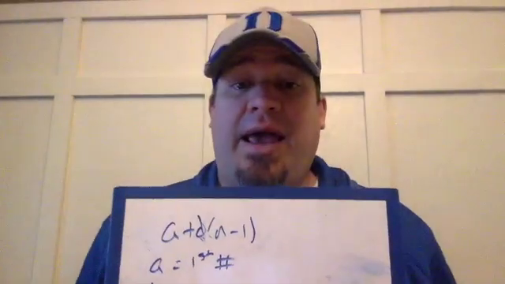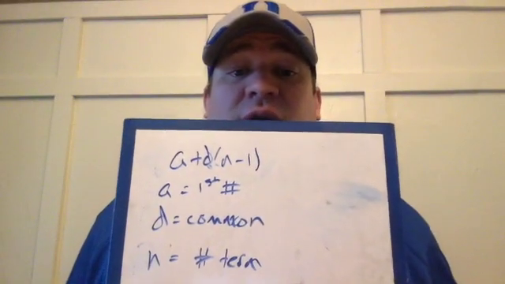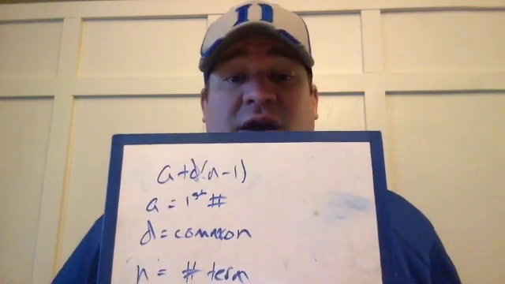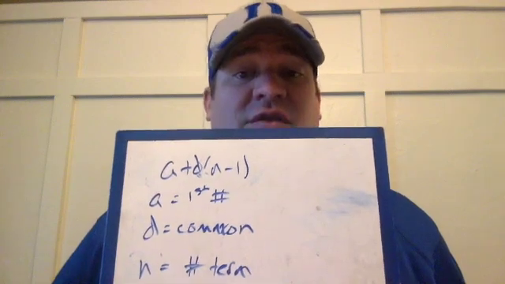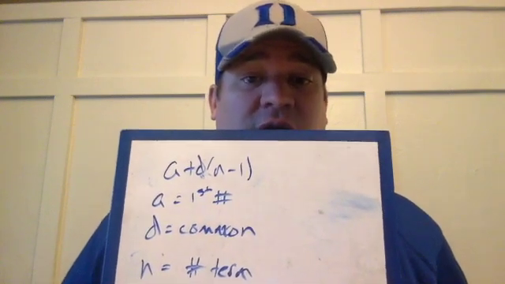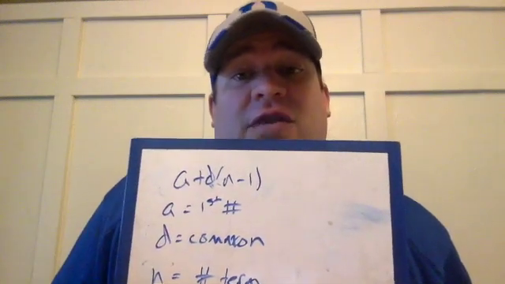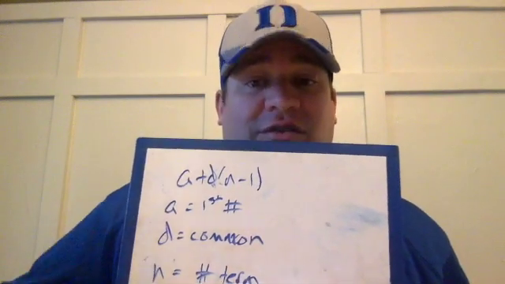So A is the first number, D is the common difference, or the number that we're adding every single time, and N was the numbered term that we were looking for. Using this recursive rule right here, we can find the 158th term in the 2, 4, 6, 8 sequence.